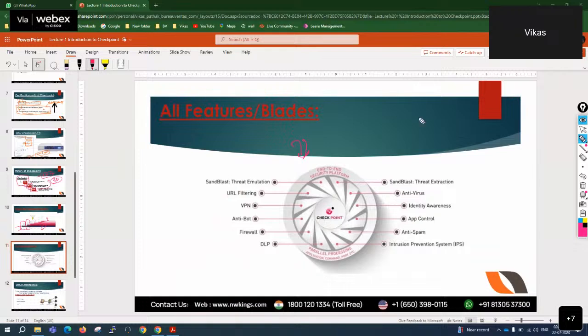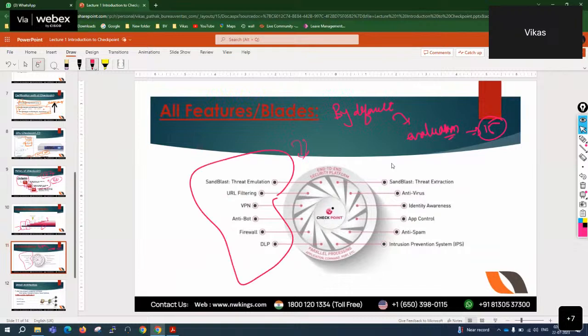And just to mention, by default, if you're installing Check Point on your PC, you will be getting one evaluation license that will be for 15 days. So in that 15 days you can use all these services, you can work on all these services, and that too very much free.